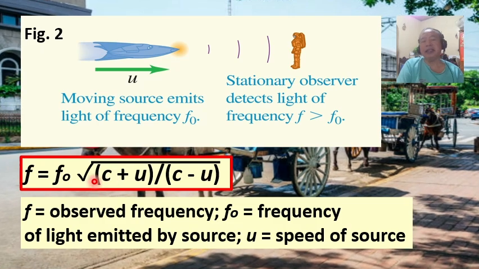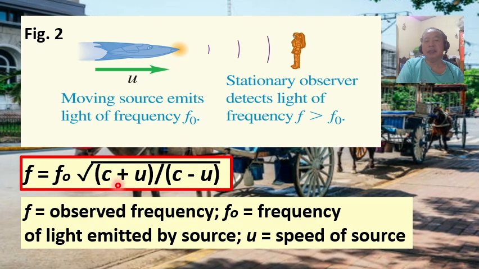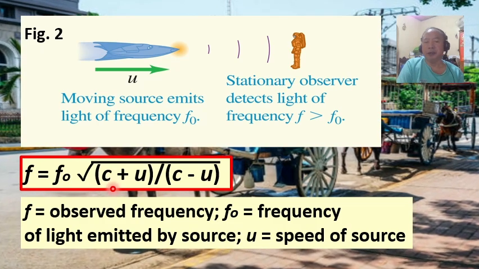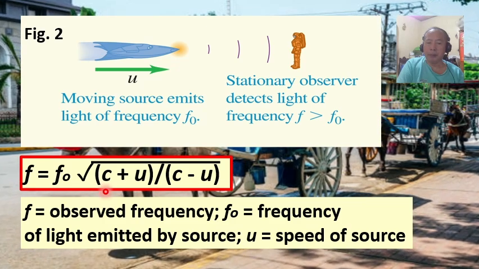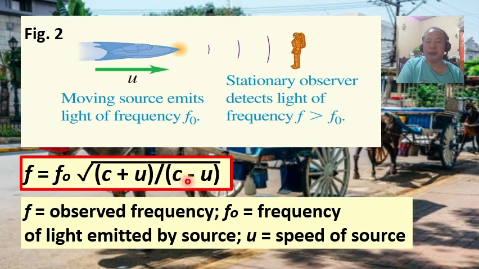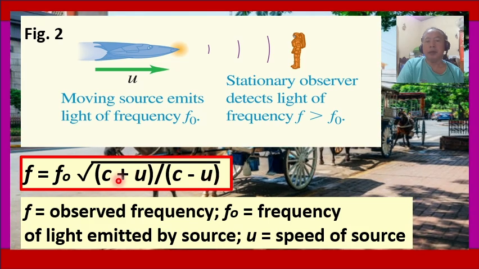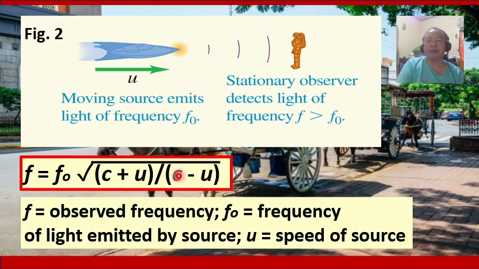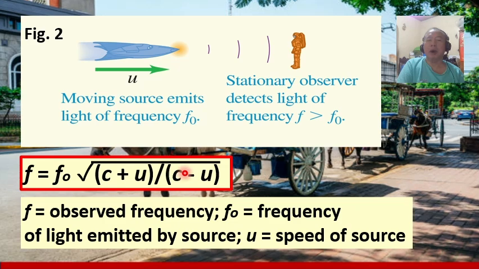The quantity inside the radical sign, the square root of the ratio c plus u over c minus u, is in fact greater than 1.